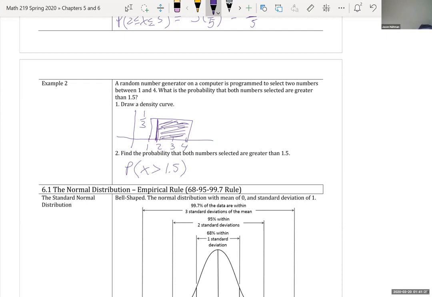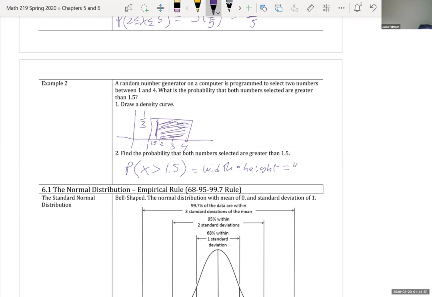The width times the height, right? The width is going to be the distance between 4 and 1.5. That's 2, and this is 1.5.